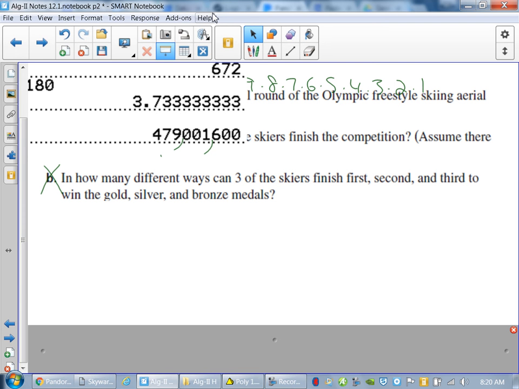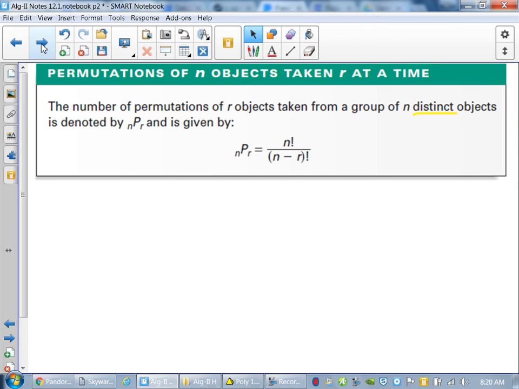The idea here comes with working with how things can finish races, or how many ways you can select objects out of distinguishable patterns. So what I want to do is talk about what's called a permutation. A permutation is this thing called nPr, n permute r.